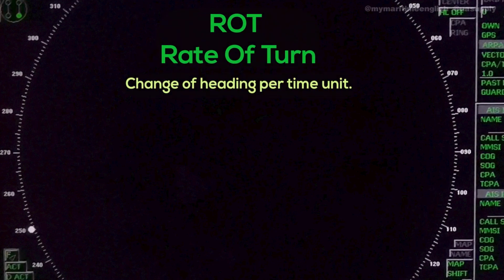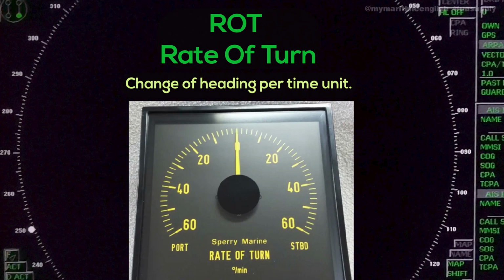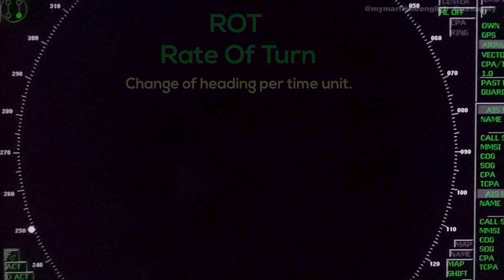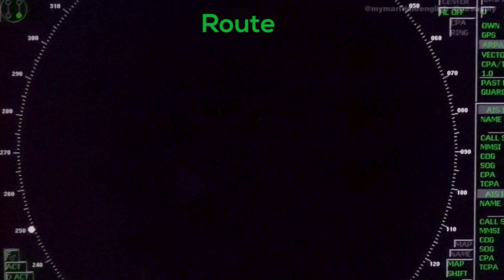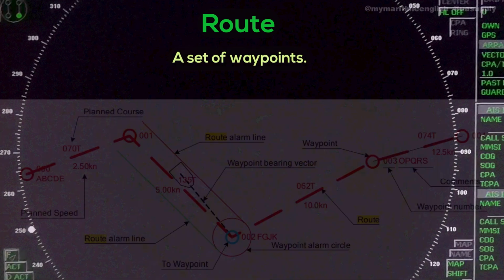ROT, rate of turn, change of heading per time unit. Route, a set of waypoints.